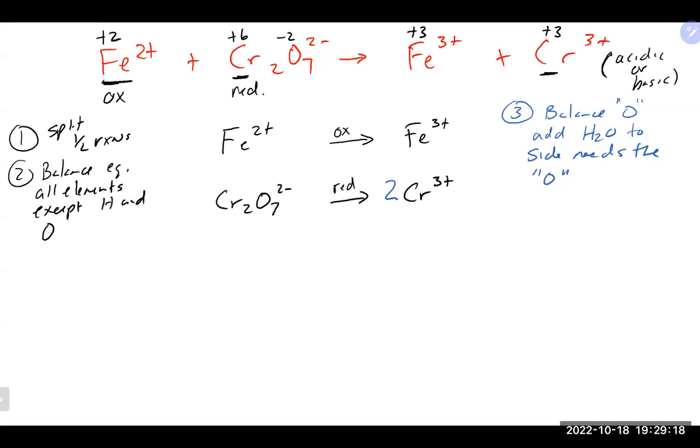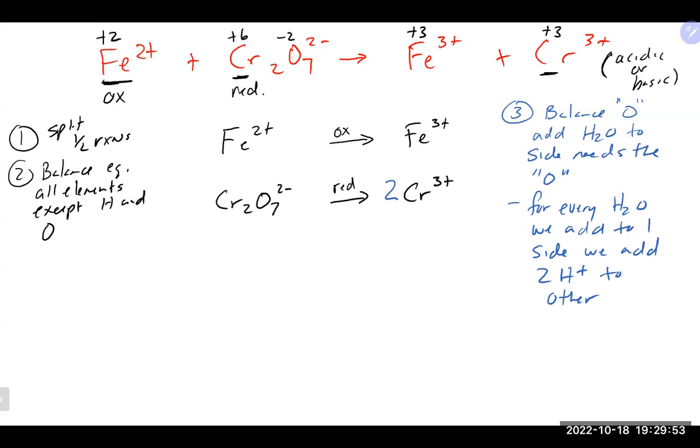Because of that, for every water we add to one side, we add 2 H pluses to the other. And that will take care of the hydrogen balancing. So you need to add water to the side that needs the oxygen, and to the opposite side, for every water that you add, you need to add 2 H pluses.